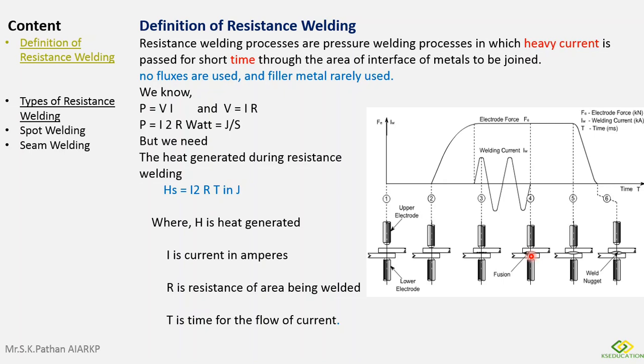In this way all the resistance welding processes work, where H is heat generated, I is current, R is resistance of the area being welded, and T is the time of flow of current.